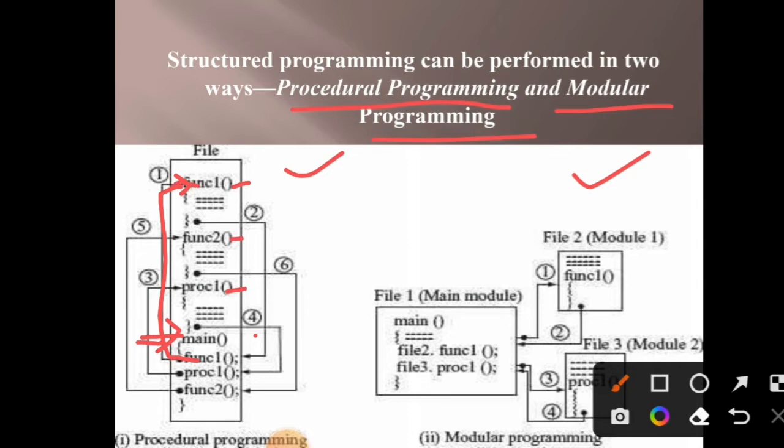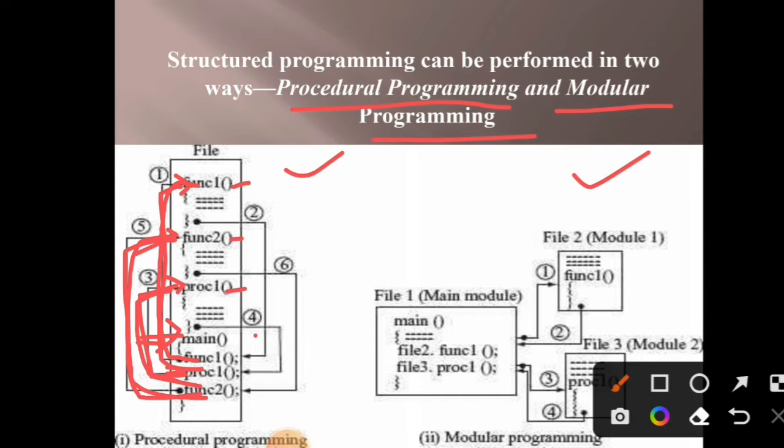After executing it, control goes back to main. Then procedure 1 is executed. After that, it comes back to the main method. Next function 2 is executed. After that, it goes back to main. Once all are executed, the execution stops. In this way, the procedural program is executed.